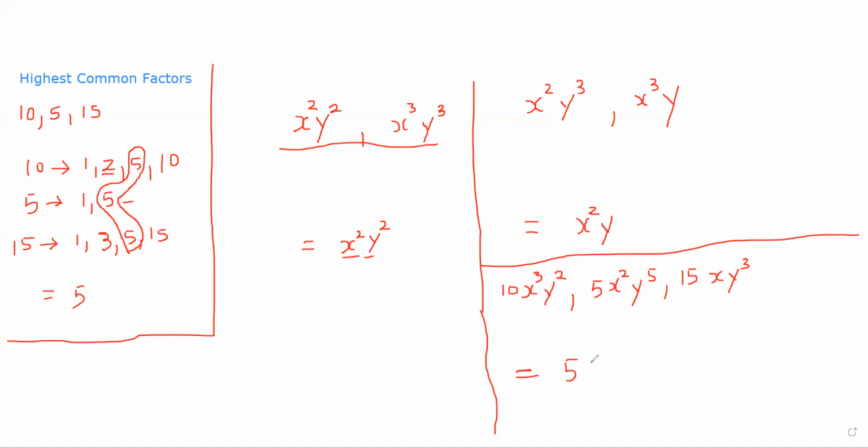The x we have to choose is raised to the power of 1. This is the lowest. And then we have a y squared, we have a y raised to the 5th power, and we have a y cubed. So it has to be the one raised to the 2nd power, the one with the 2. So it would be y squared. So this here is going to be our highest common factor.